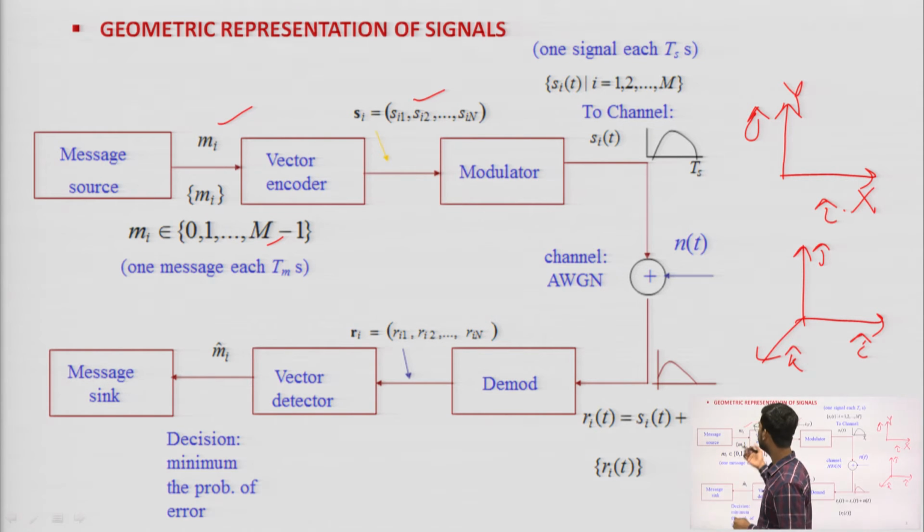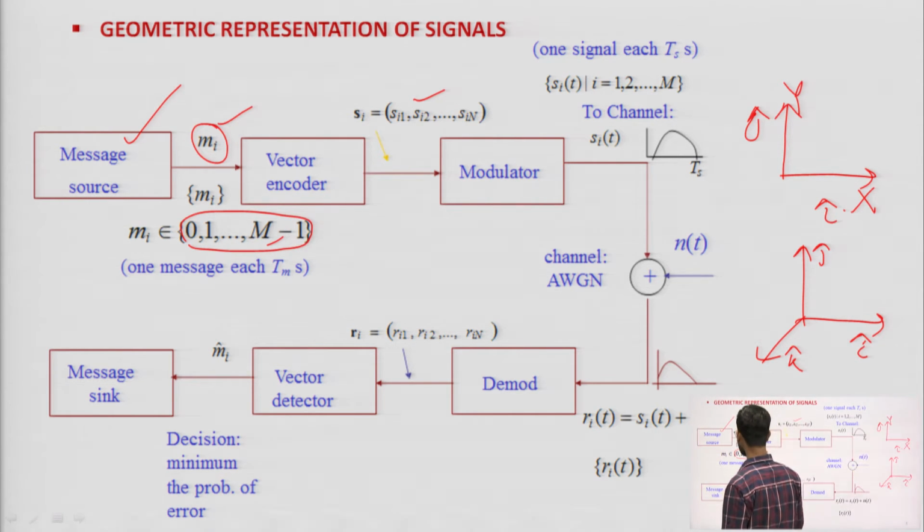This is the basic digital communication block diagram. First is the message source, which generates the message signal mi, that is, 0 to m minus 1 number of message signals.